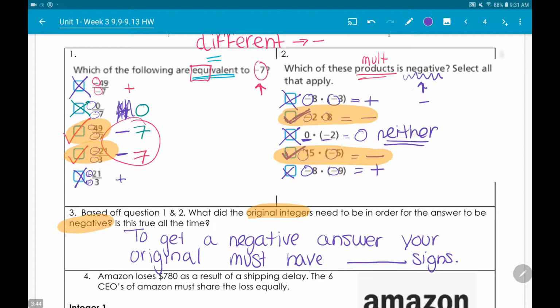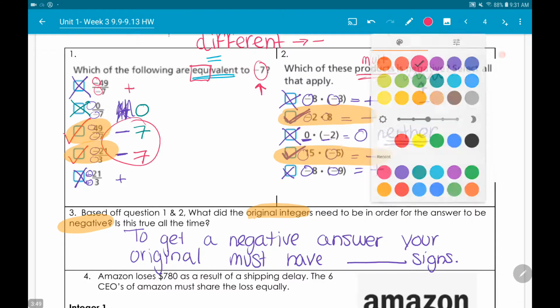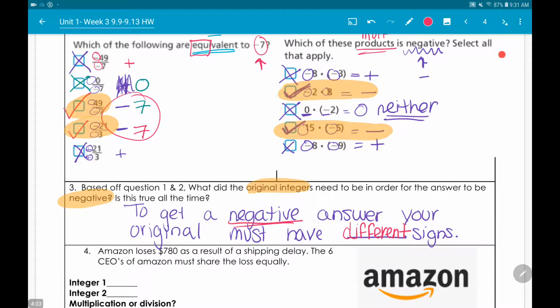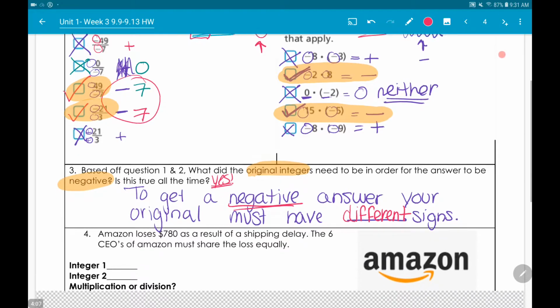So is it same signs or different signs if my answer is negative? It is different. So to get a negative answer, your original must have different signs. Okay, and is that true all the time? Yes. That is the rule.